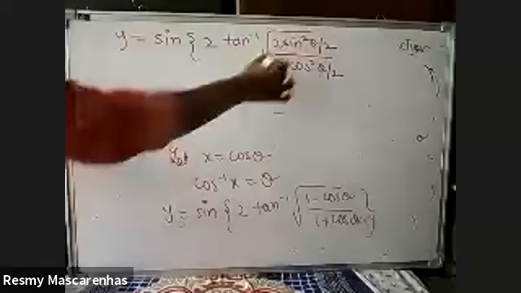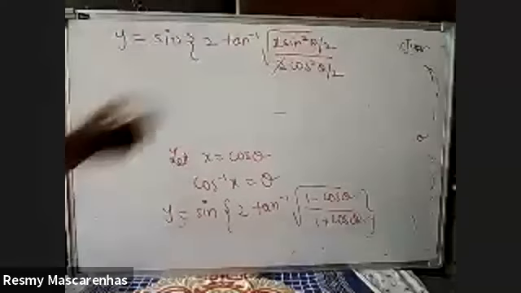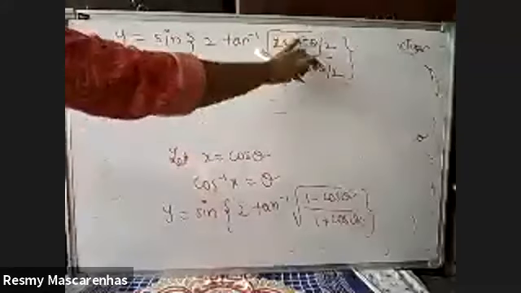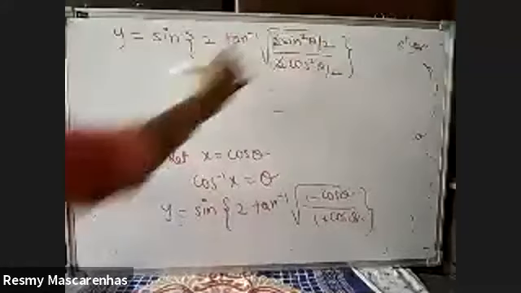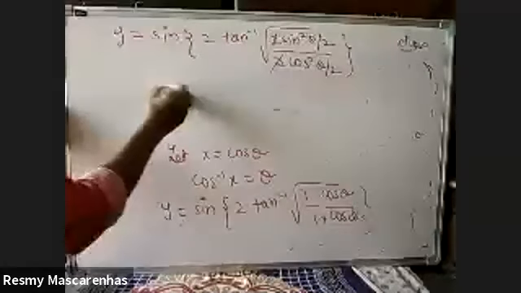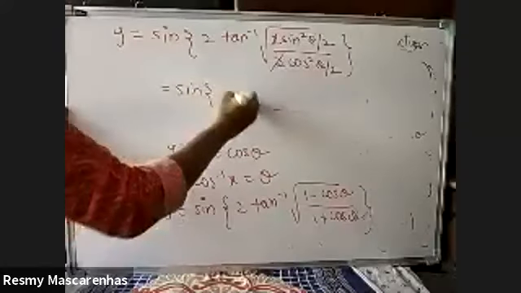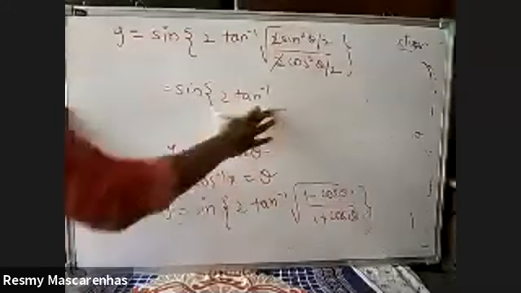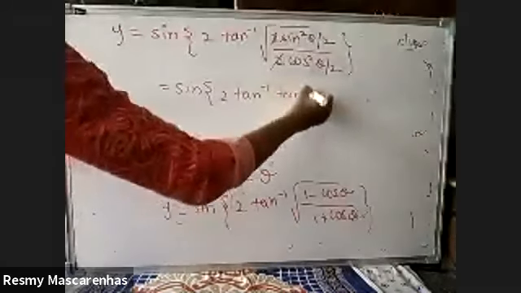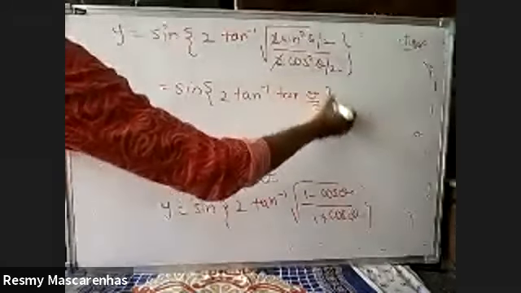Two and two will cancel. Then square. So it will become tan square theta by 2 and its root will become tan theta by 2. So directly 2 tan inverse of tan theta upon 2.